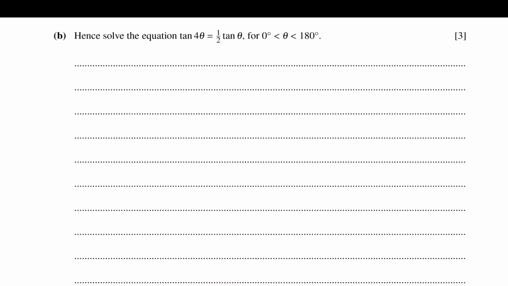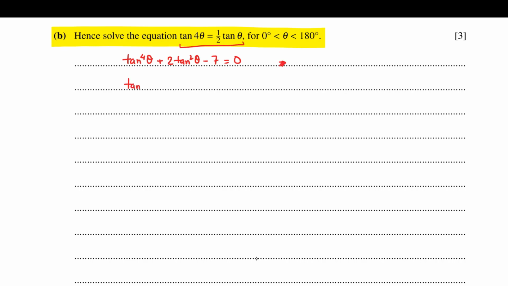And the second part, that is the last part, hence solve the equation. So we have seen from this condition we had written it as tan power 4 theta plus 2 tan square theta minus 7 equals 0. So in order to solve this, we can substitute, or we can do it directly.